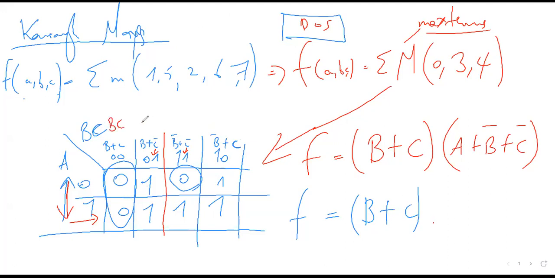This is B bar C bar, this is B bar C, this is BC, this is B C bar. So this is A bar, this is A, and if I'm using product of sum, this is A, and this is A bar. That can help for understanding.